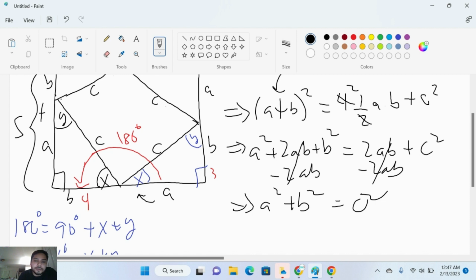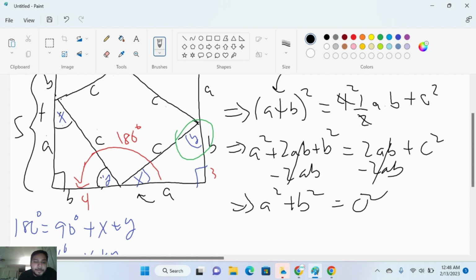I said that backwards. Let me reiterate that. The angle between C and B right here is Y, and therefore the angle between C and A is X, and that's here. Here's C, here's A.